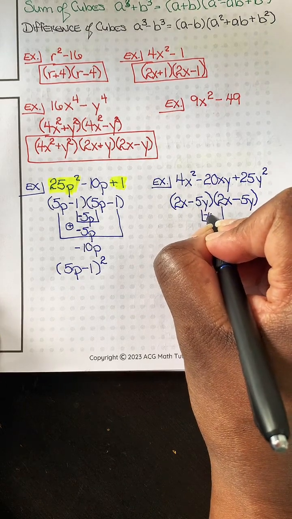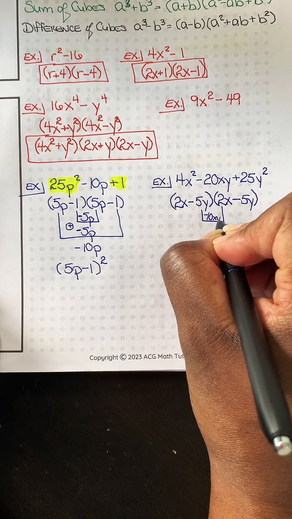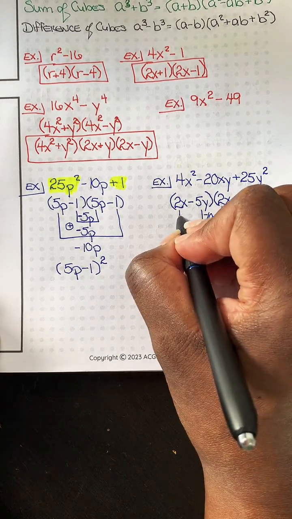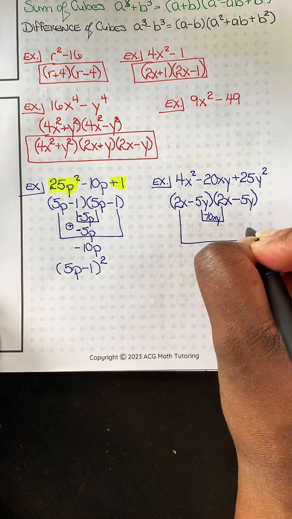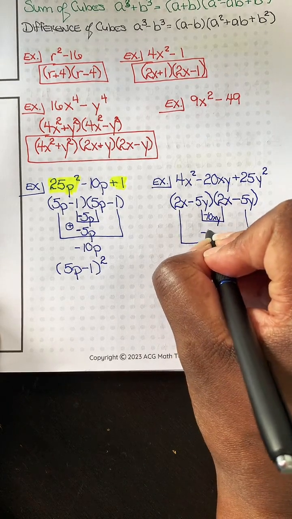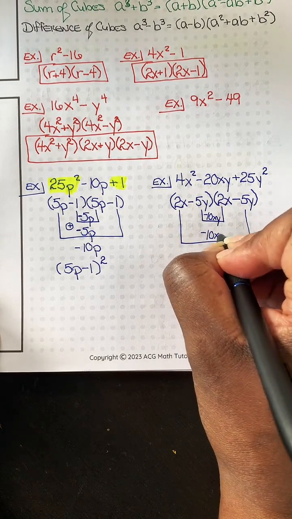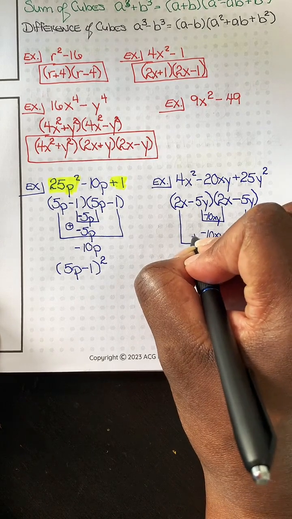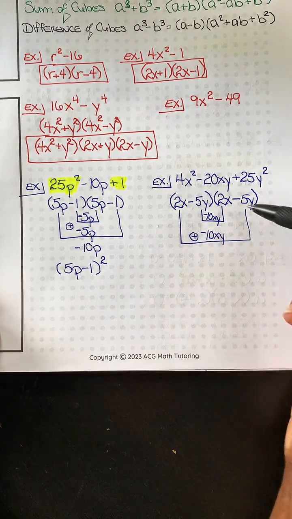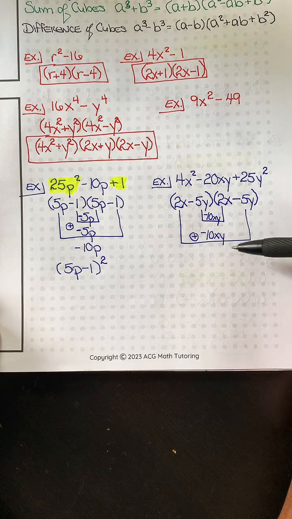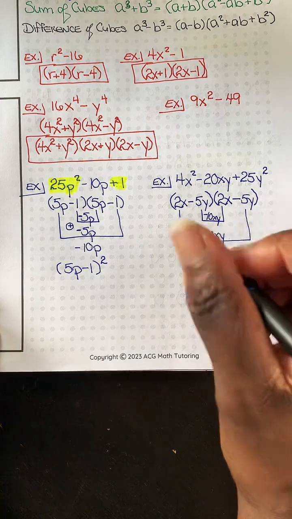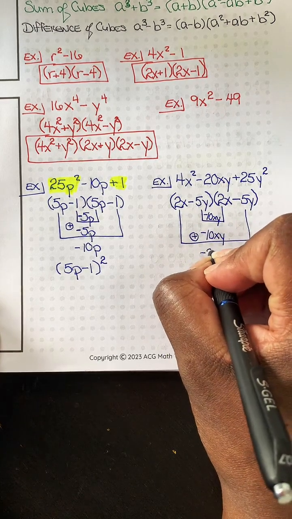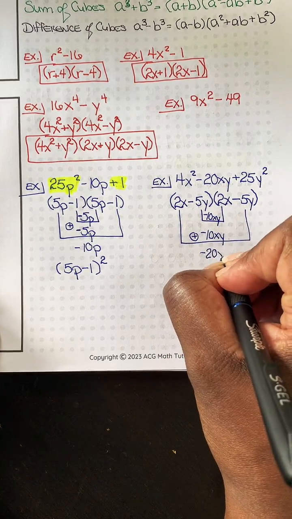So you got your negative 10xy. Then you multiply these two. You get a negative 10xy. And when you add those two together, negative 10xy plus negative 10xy, that will give me my negative 20xy.